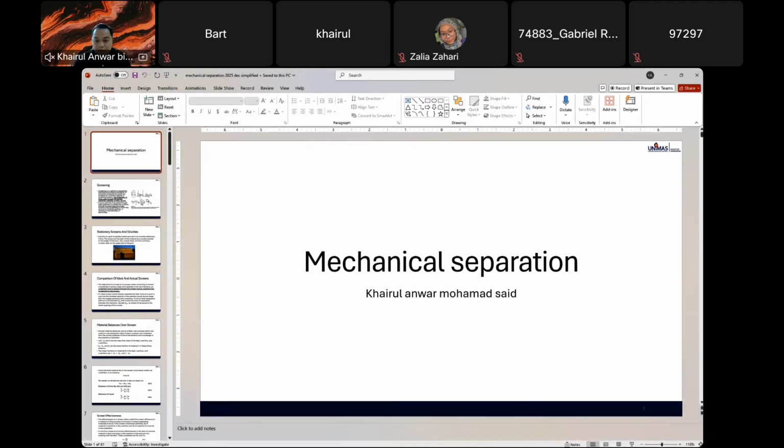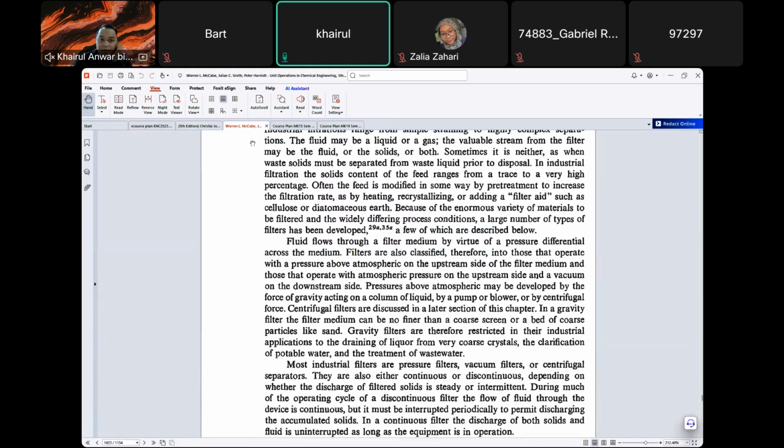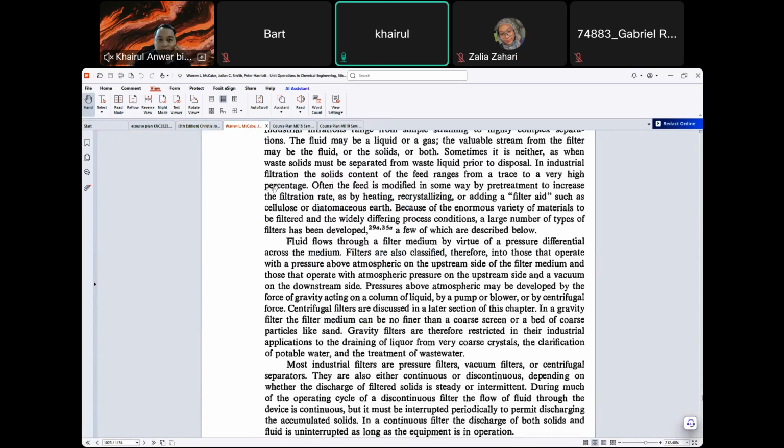For books, I'm using the two books. The Warren McCabe. This is book number 2 or number 1, I don't remember. But the book is available in ebook.